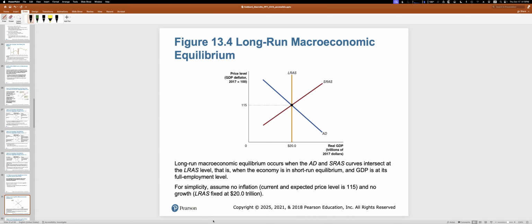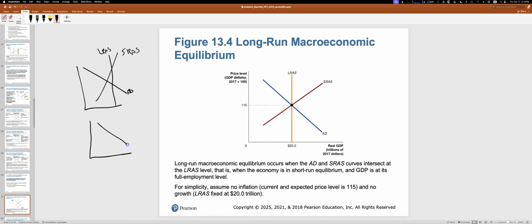Because what I could do is draw an economy that's in a short-run equilibrium, but is to the left of the long-run aggregate supply curve.